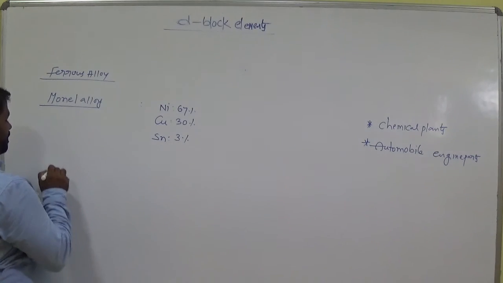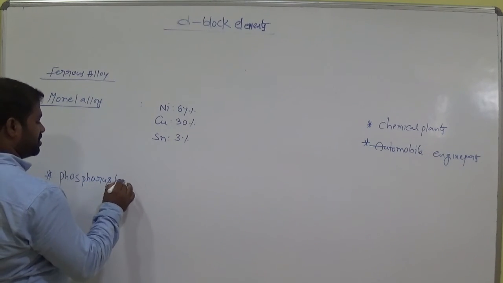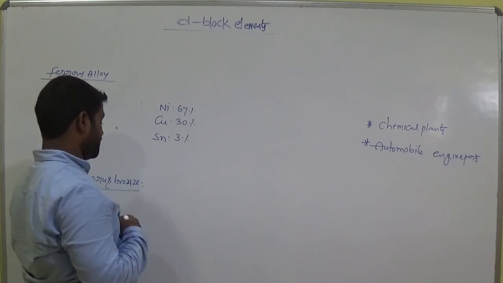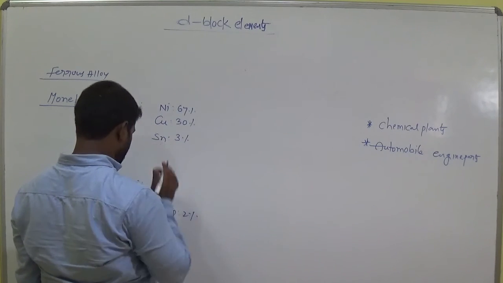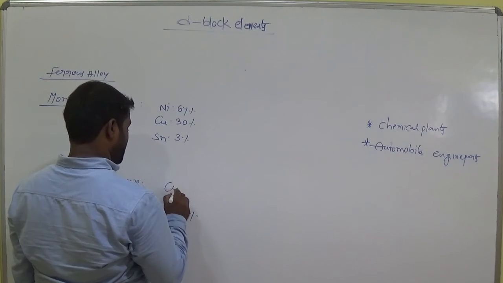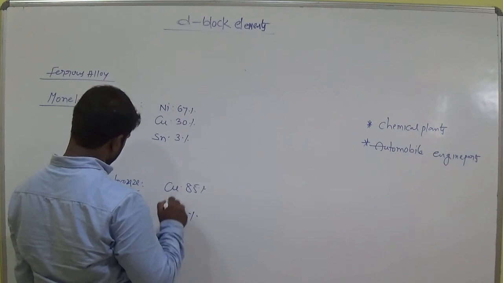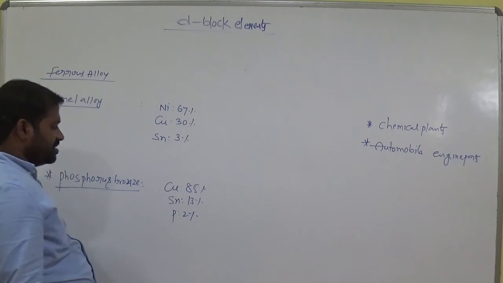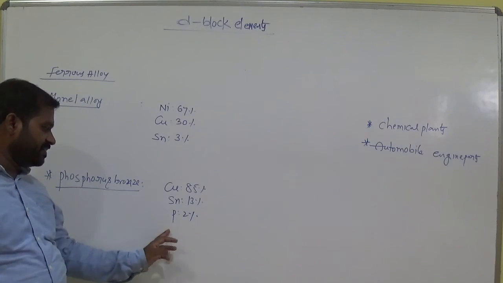And now write phosphorus bronze. Now in this, phosphorus is 2%, copper is 85%, and stannum is 13%. So this is correct. Phosphorus bronze is copper 85%, stannum 13%, phosphorus 2%.